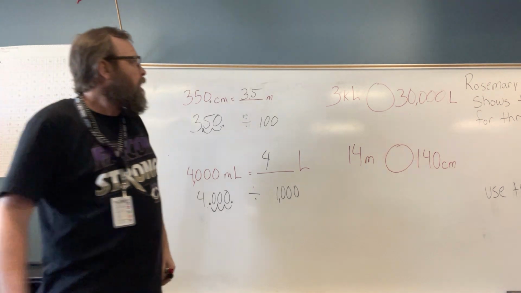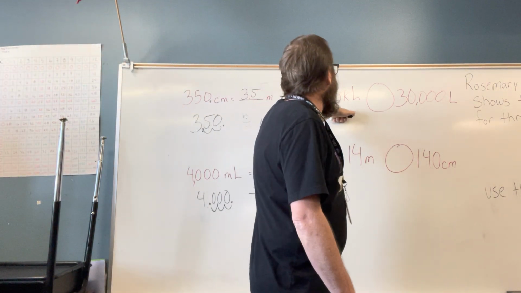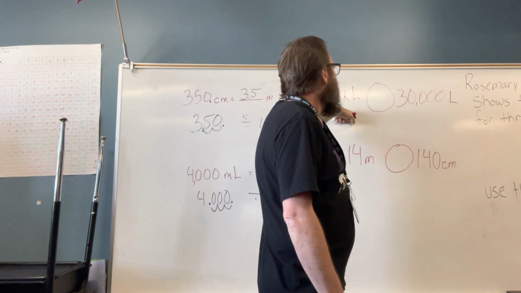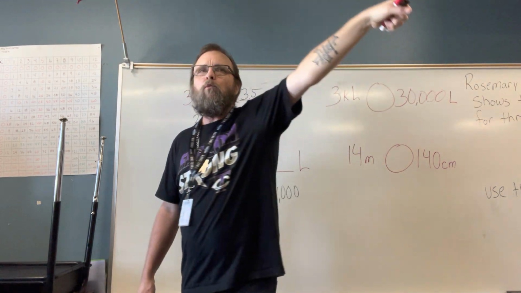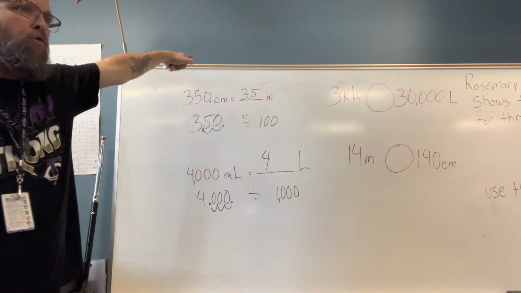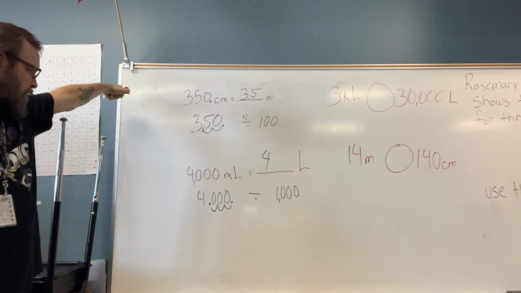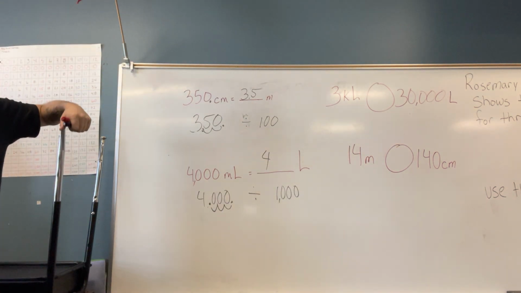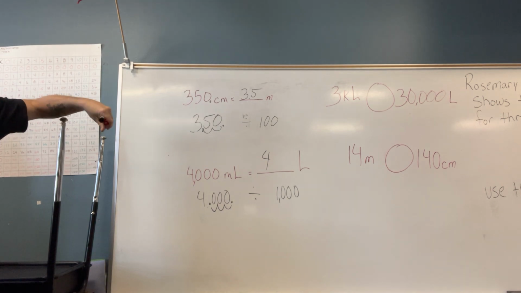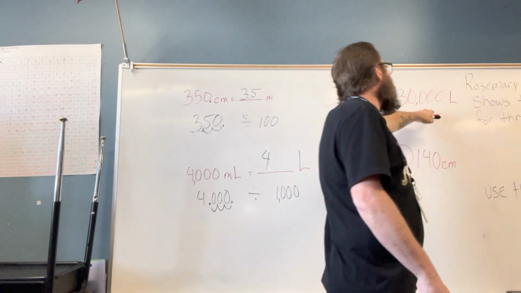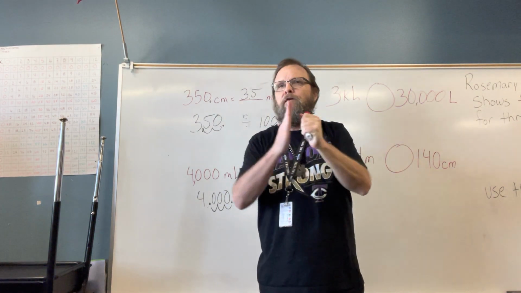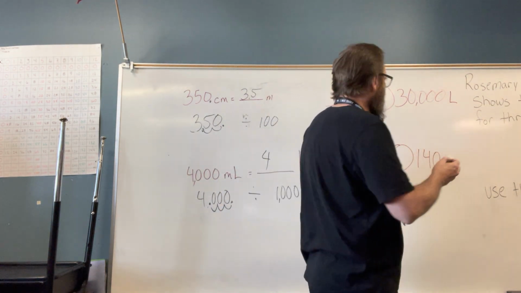So now I need to change either kiloliters to liters or liters to kiloliters. What would you like to do, Riley? Okay, we're going to change liters to kiloliters, so we're going to divide.